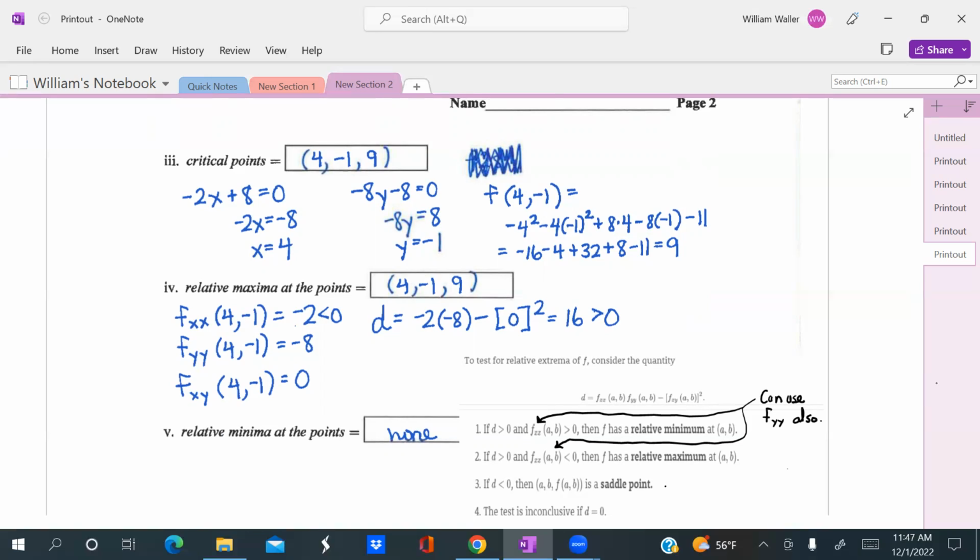By the way, the point on the surface that corresponds to this critical point, you calculate that just by taking x equals 4 and y equals -1 and plugging it back into the formula for the function, right? And that gives you the matching z value here, which turns out to be 9, okay?